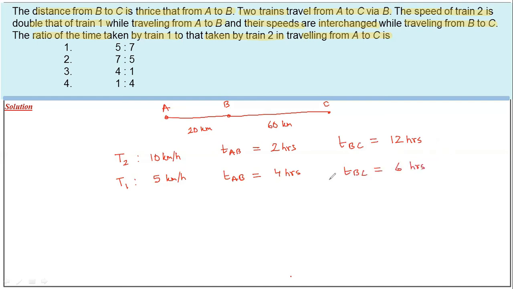So total time is 14 hours, and in this case this is 10 hours. So the ratio of time taken by train 1 to by train 2 would be 10 by 14, that is equal to 5 by 7, option 1.